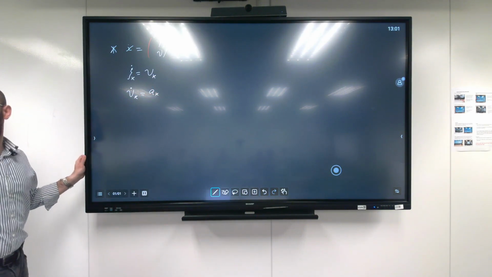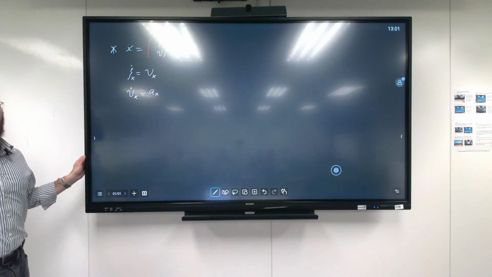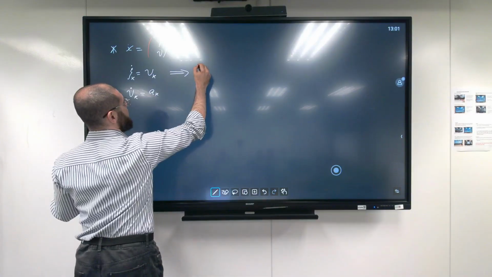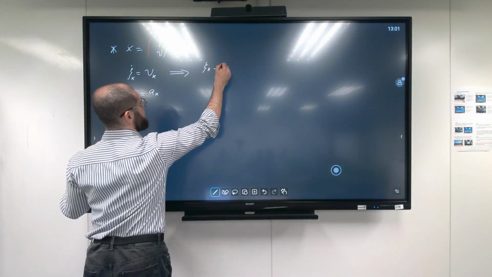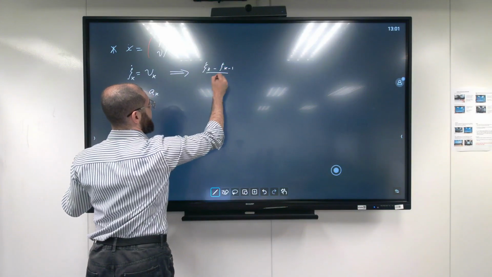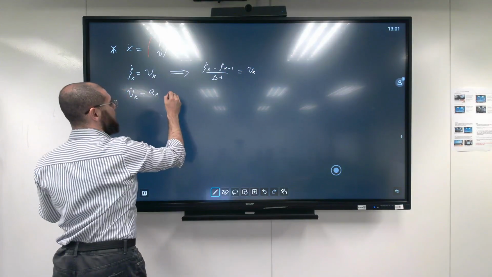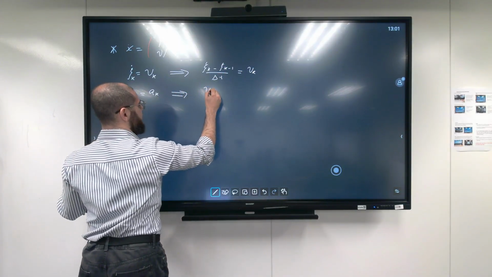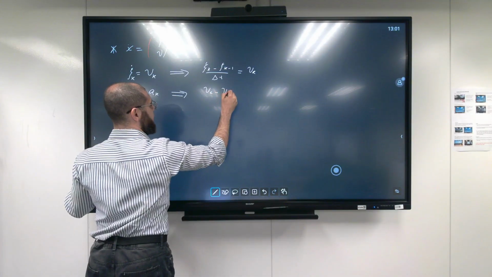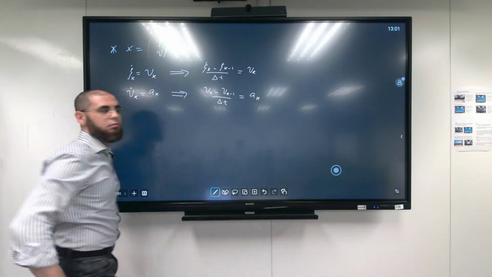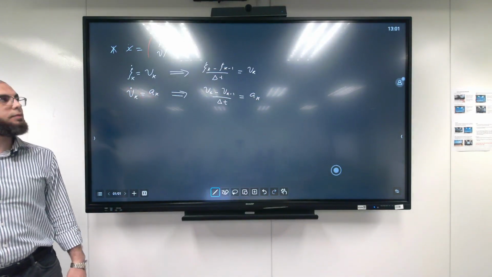You agree? And we said that our discretization rule is that the derivative will be approximated by psi k minus psi k minus 1 divided by delta t, so this is equal to vk. And the other equation will be vk minus vk minus 1 divided by delta t is equal to ak. Make sense? Same equations.